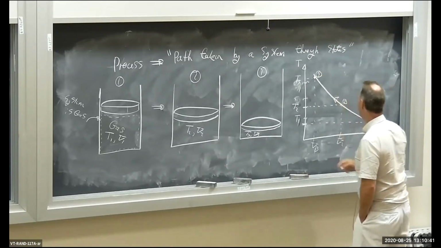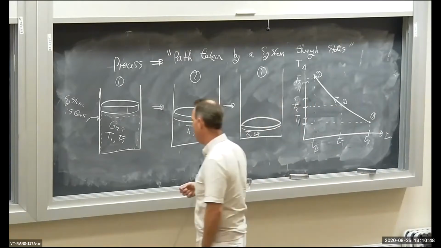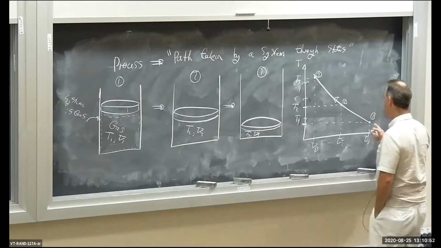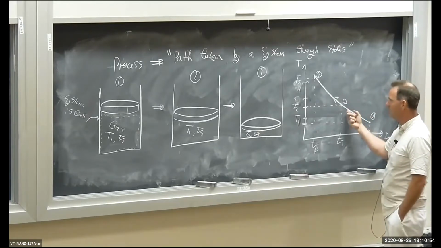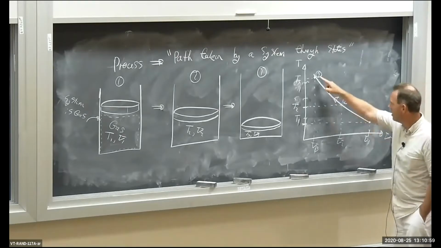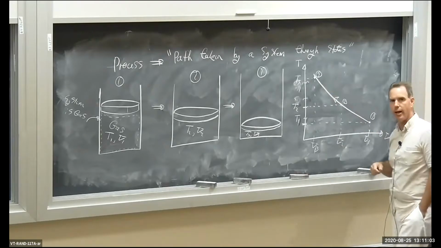So this is the direction the system is going. So on a TV diagram, a temperature volume diagram, I'm showing the process as we go from state 1 to state 3 through an intermediate state, state 2. And the path, i.e. the process, is given by this line right here, okay?